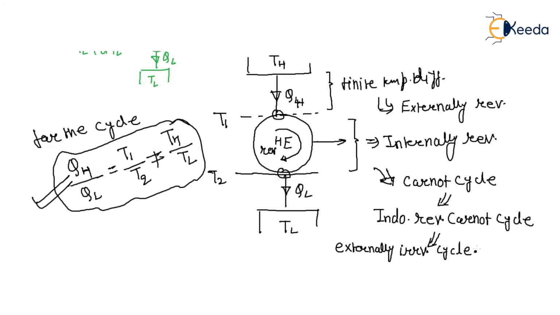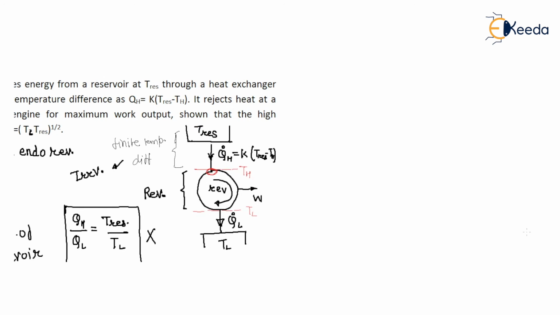So always keep in mind, if you write QH by QL is equal to TH by TL, number first, it is for reversible cycle only.